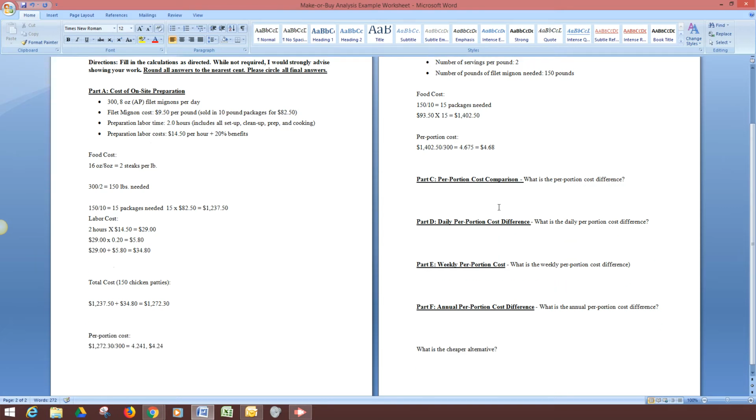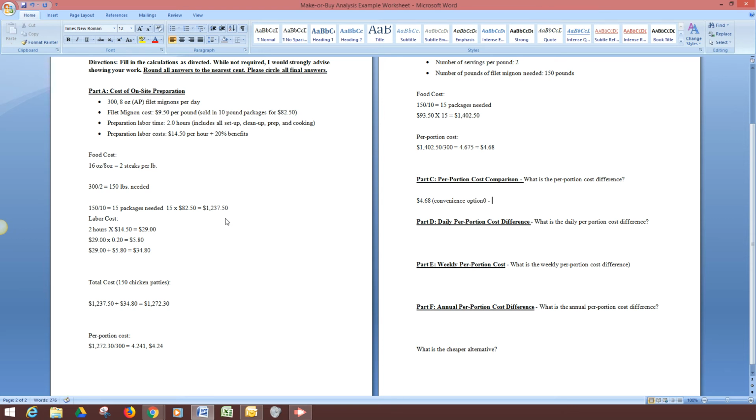So now we do our per portion cost comparison between the alternatives. We've now calculated the cost of on-site production and the cost of convenience food production. So now we want to compare them. So for our per portion cost comparison, it's $4.68 for the convenience option.